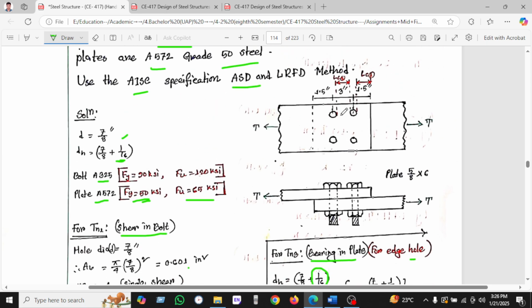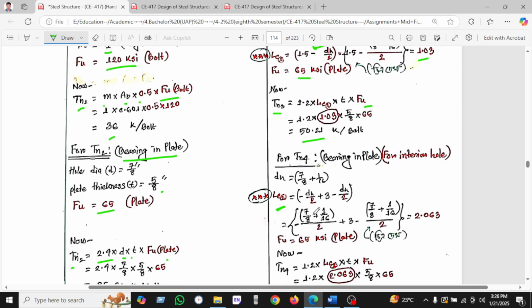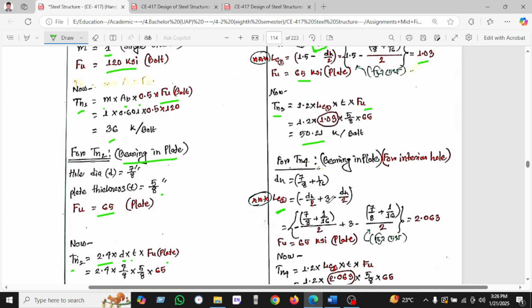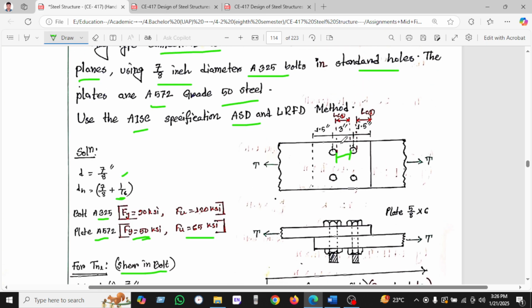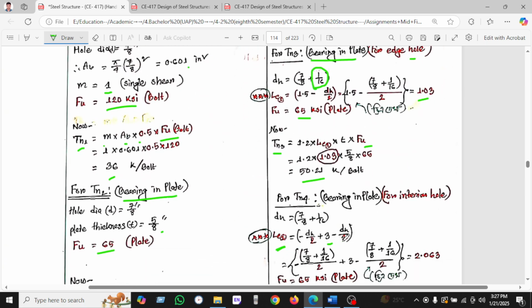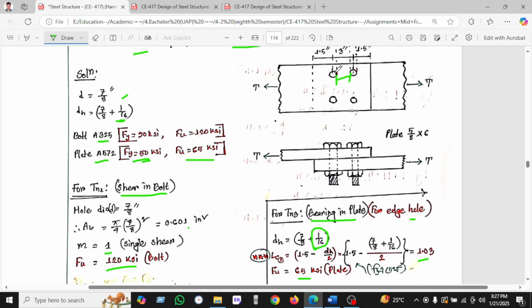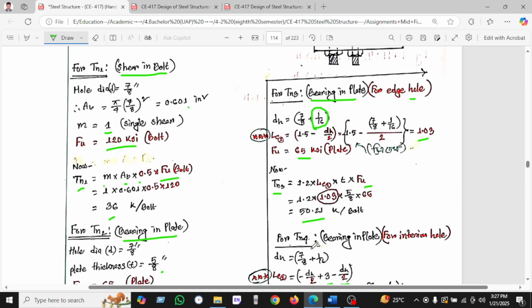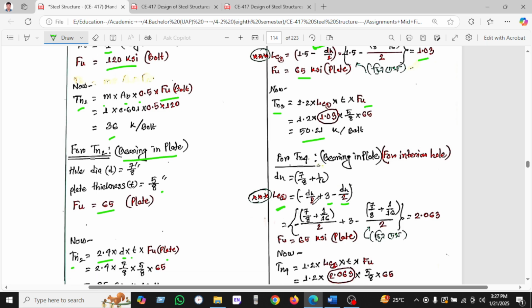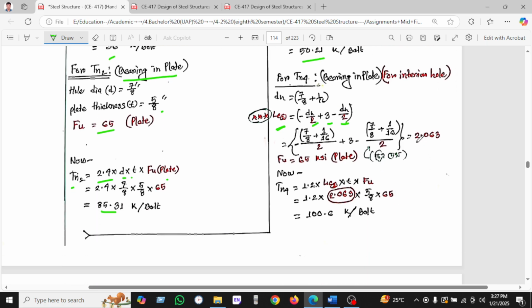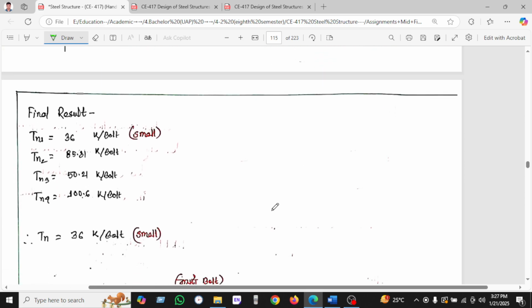How do we get LC2? This is the LC2, the distance between two holes, which is the spacing, given in the question, minus DH divided by 2 on each side, and these two hole halves we have deducted, and found 2.063. FU is given, and TN4 equals 100.6 kip per bolt.